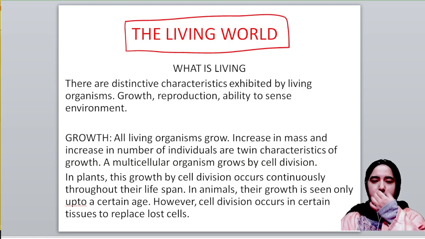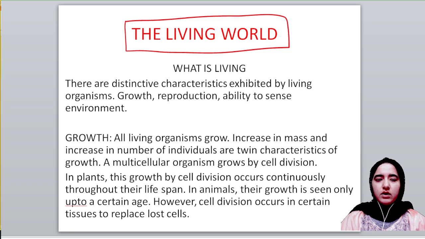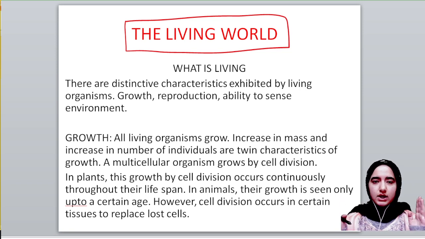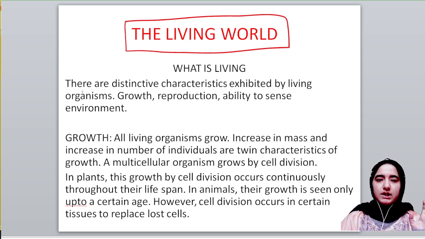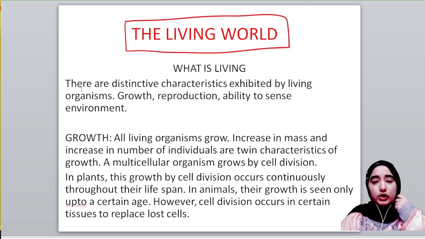If we ask what is living, we can say there are a number of characteristics exhibited by living organisms. Living organisms reproduce, and they grow both in mass and in height. Living organisms are able to sense the environment.